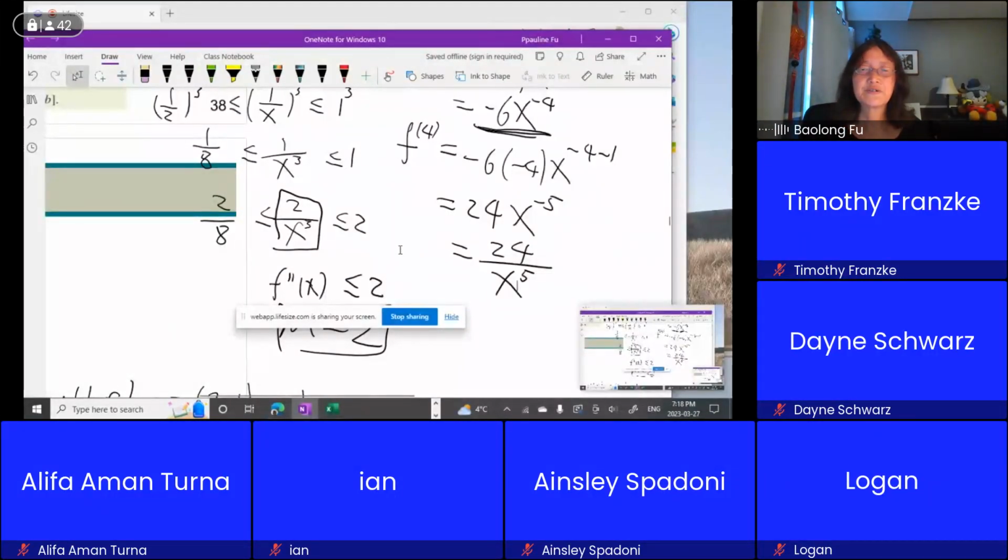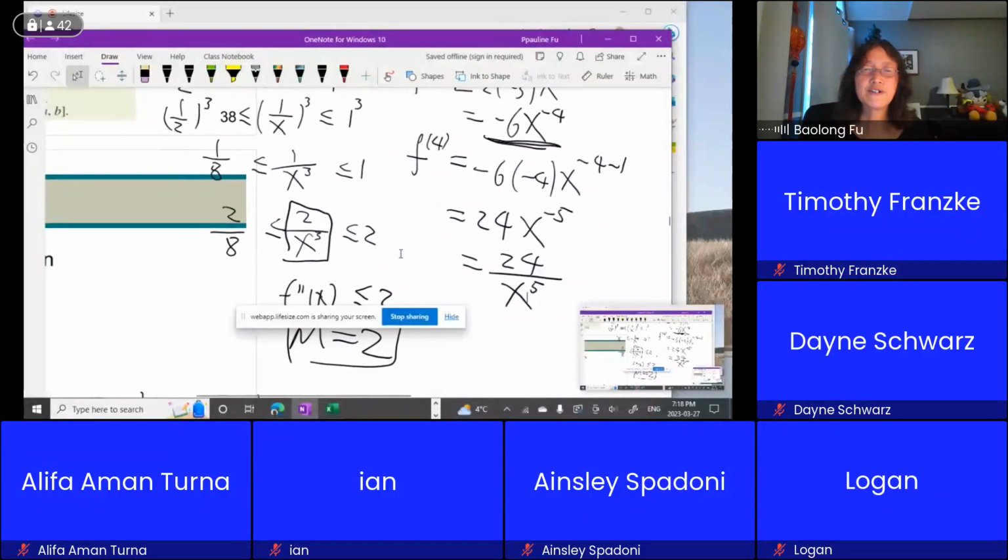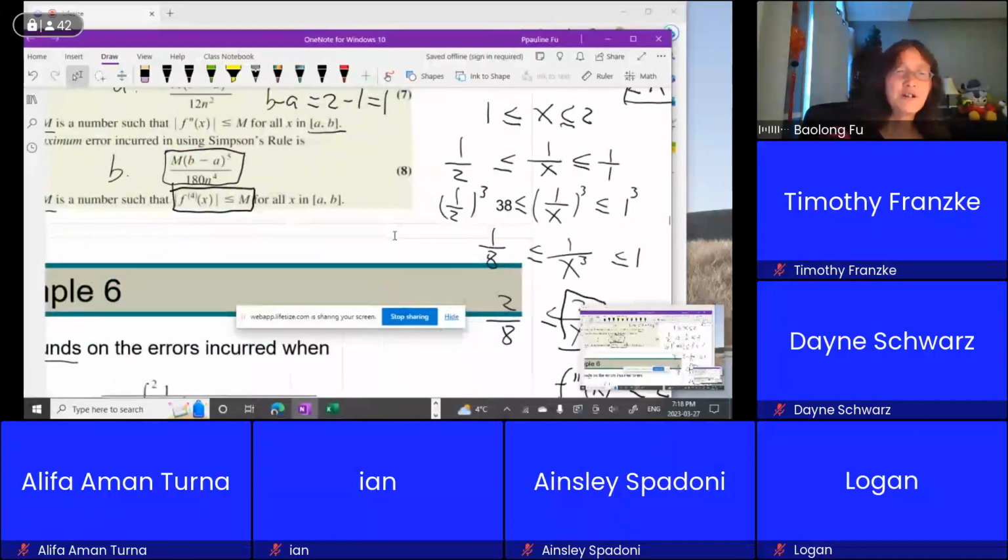Any questions? The purpose: we found the fourth derivative, and we want to find an M. We want to see this fourth derivative is smaller than what number?